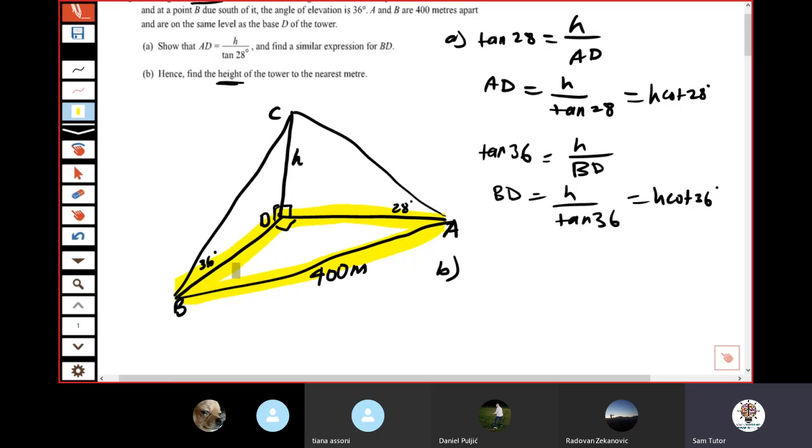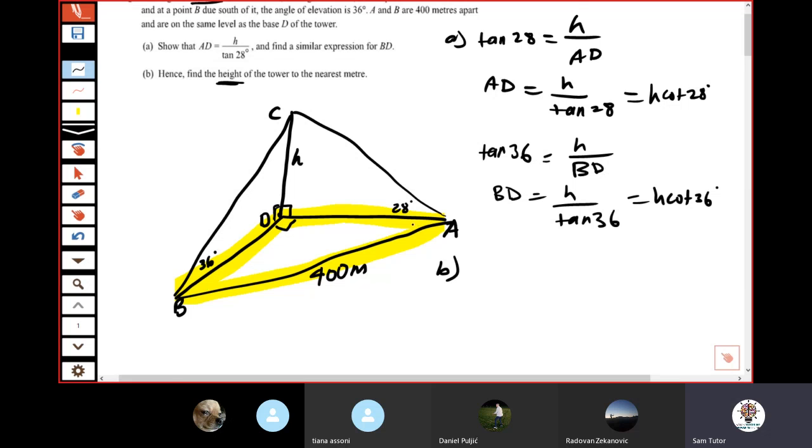I say usually because that's like 95% of the time. 5% of the time it's this top one here, this large one on the outside, triangle ABC. But more than 95% of the time it's been this bottom one. So you're actually going to find the height by using this triangle down here.